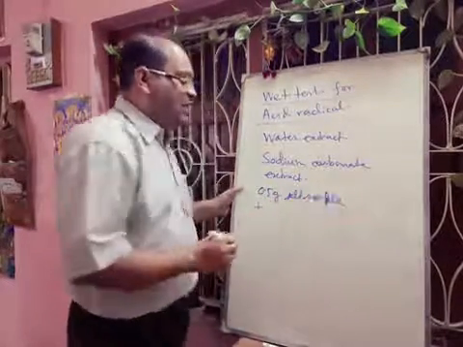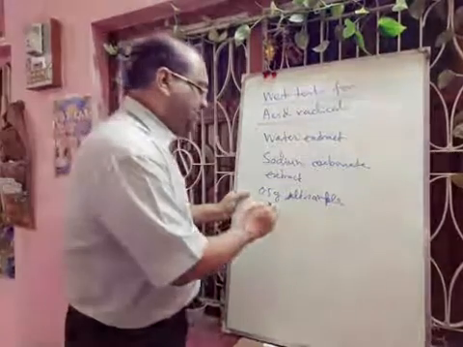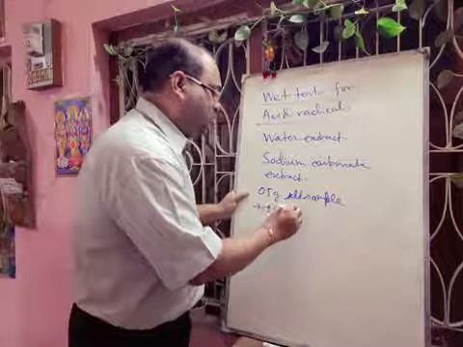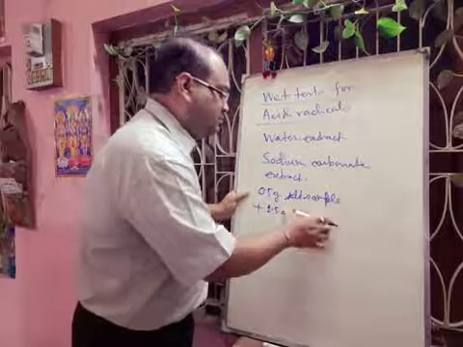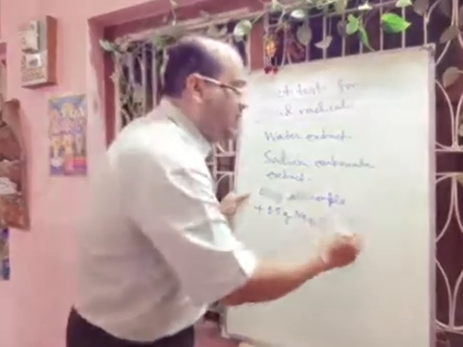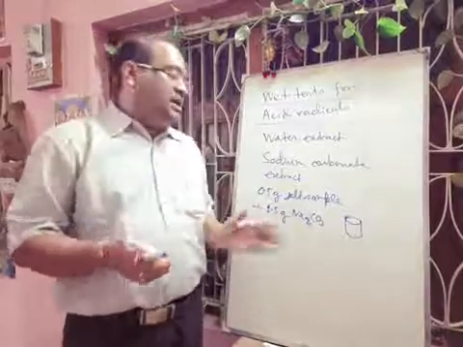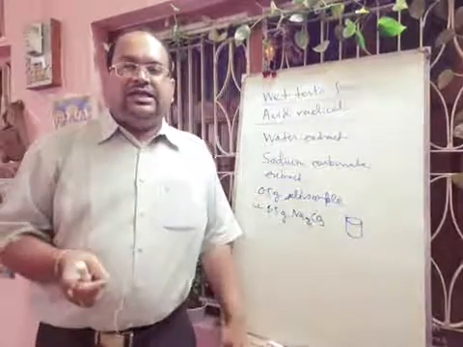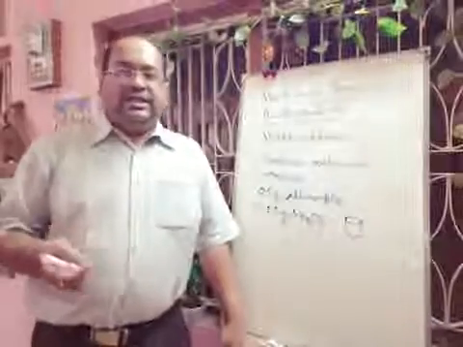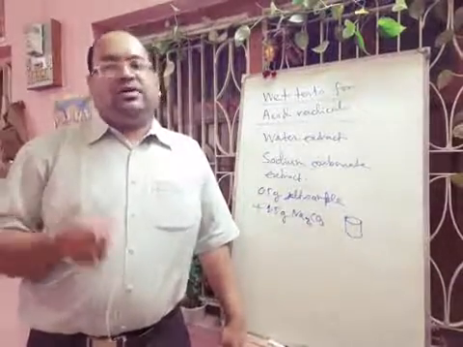Then add 3 times sodium carbonate, that is 1.5 gram of sodium carbonate. Take this mixture in a 100 ml beaker. Then add minimum 30 to 40 cc distilled water. Then boil this solution for 5 minutes. Then the solution is filtered, and the filtrate is called sodium carbonate extract.